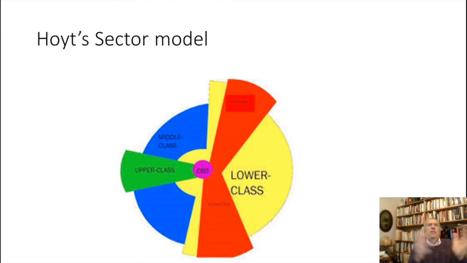You say, well, this place is a dump. Sewage treatment plant, prisons here, dilapidated housing, shops with steel bars across the liquor stores, all that stuff. So there's a lot of truth to Hoyt's sector model as well.